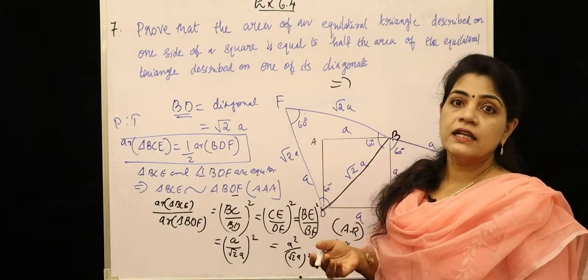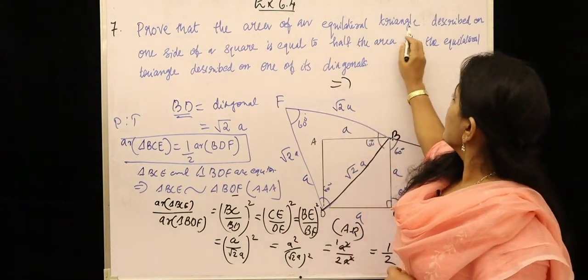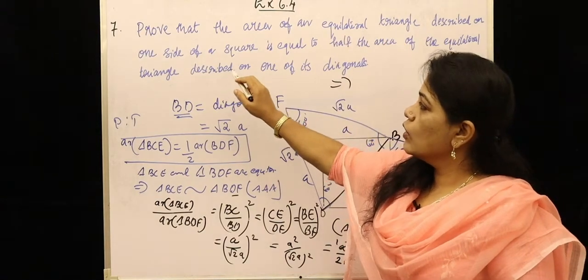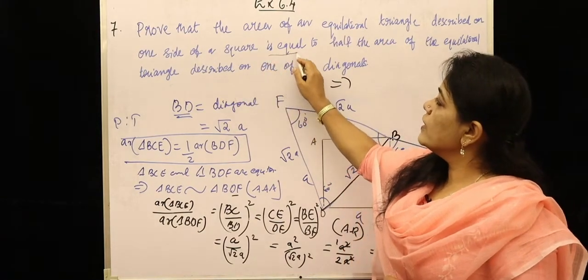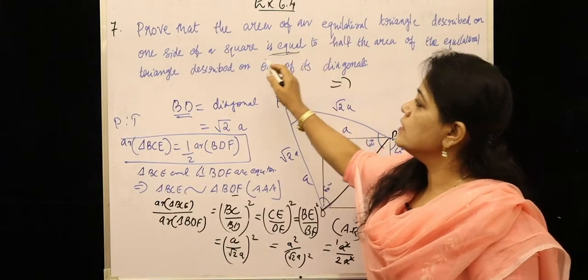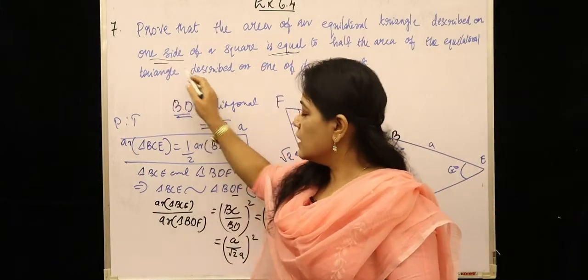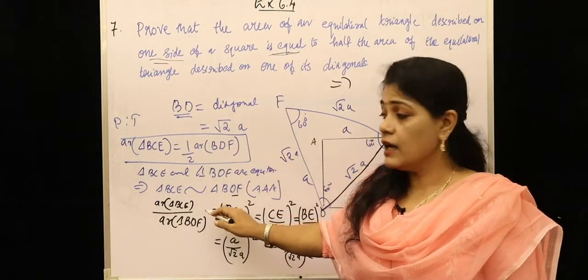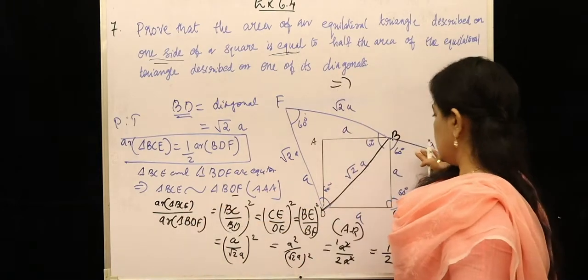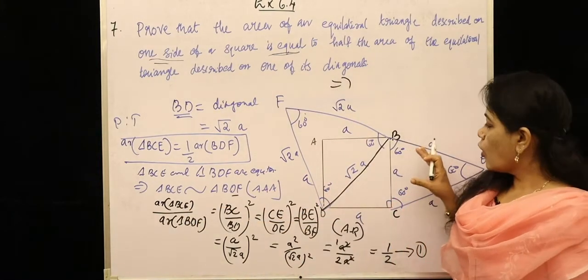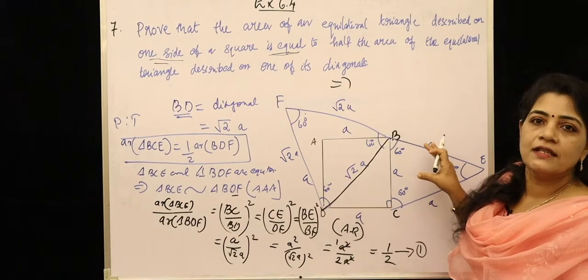What do we need, children? The area of the equilateral triangle described on one side of a square is equal to half the area of the equilateral triangle described on the diagonal. Here, which is that equilateral triangle? Triangle BCE, marked on a side of the square ABCD.